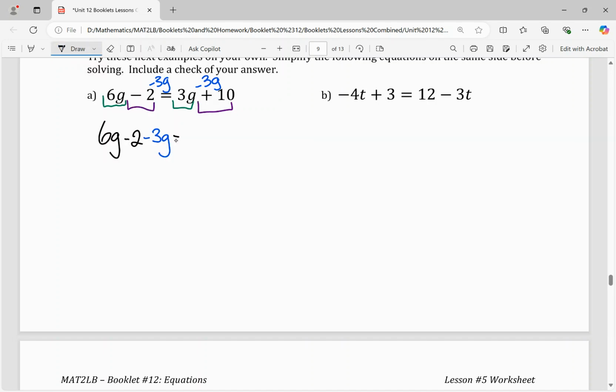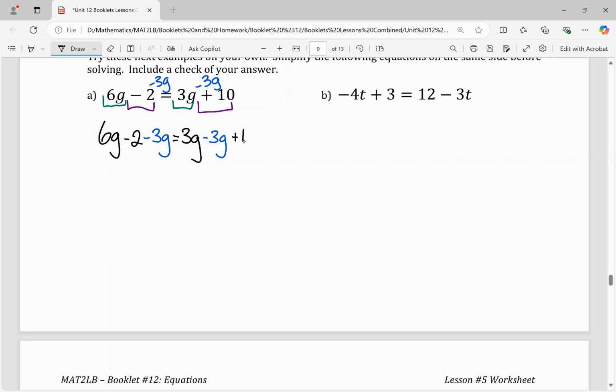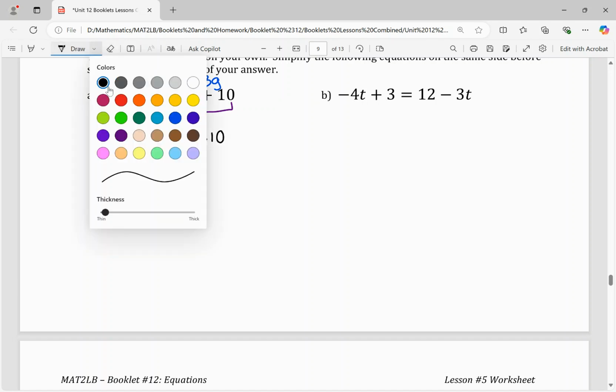is equal to 3g minus 3g plus 10. Okay? If you prefer, you could write this as 3g plus 10 minus 3g. The order doesn't make a difference.